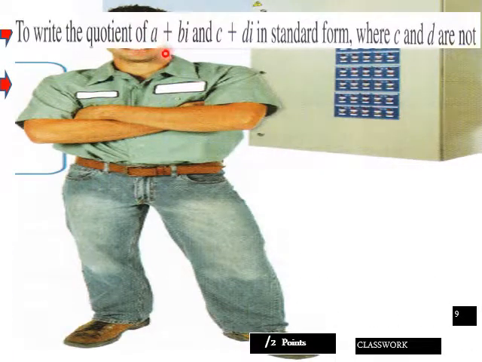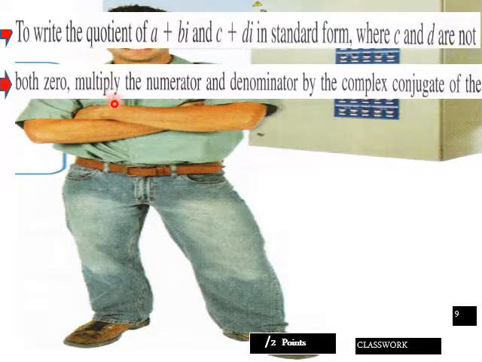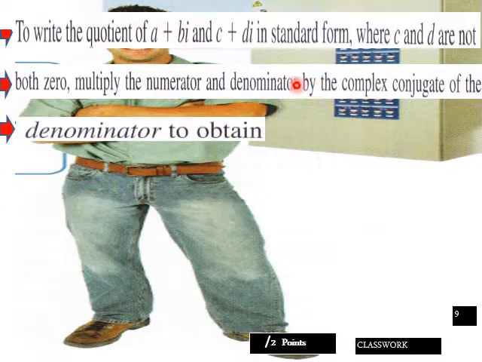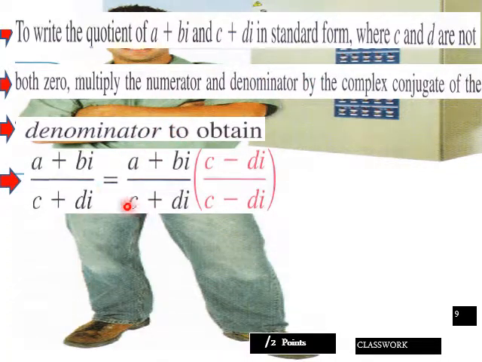To write the quotient of a + bi and c + di in standard form, where c and d are not both 0, multiply the numerator and denominator by the complex conjugate of the denominator. So we have (a + bi) over (c + di). We're going to rationalize the denominator. To do that, we multiply the numerator by the same thing that we multiply the denominator by.